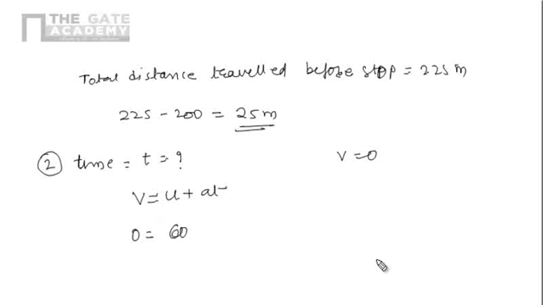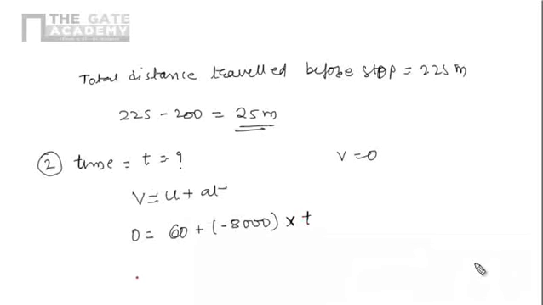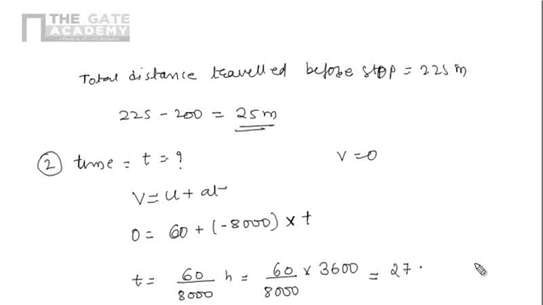We know the value of a, that is minus 8000. Now we have to find out the value of t. So now we will solve it. We will get t equals 60 by 8000 hours. And if we want in seconds, we have to multiply it with 3600 seconds, because in 1 hour there will be 3600 seconds. So this value will come 27 seconds.